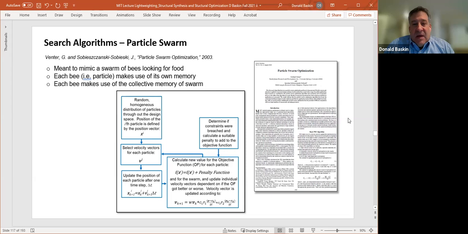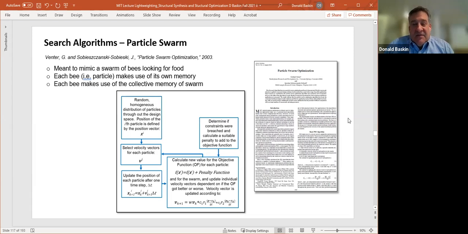And then you find a new location for these bees after step 1, and then you calculate which velocities increased or decreased the objective function, depending on what you're trying to optimize for. And again, there's a procedure for what happens if you violate a constraint. It's a penalty function.